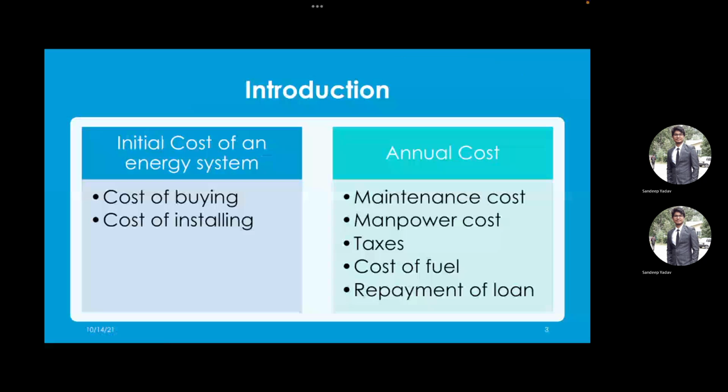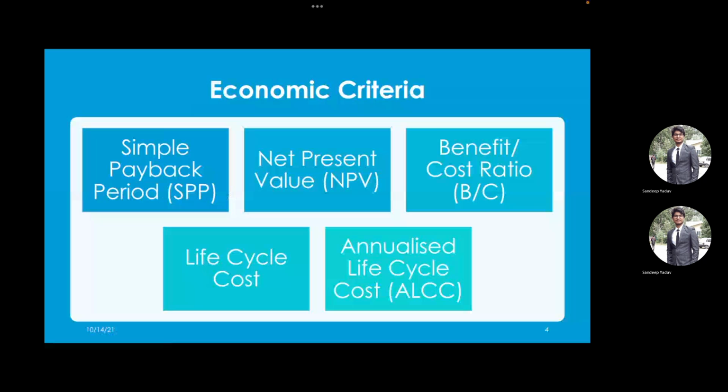In the introduction part, the initial cost of an energy system, or you can say engineering system, will be the cost of buying plus the cost of installing. The annual costs that we've already studied, like maintenance cost, manpower cost, taxes, cost of fuel, repayment of loan, we've already studied in the first or second lectures.